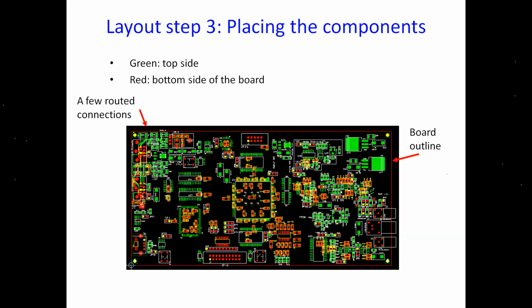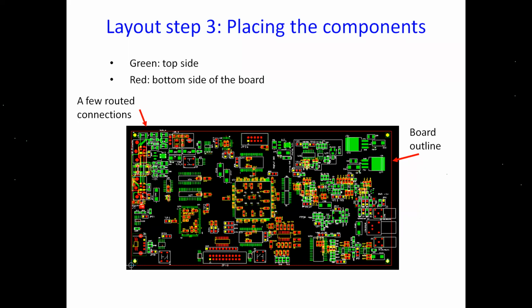For this, we have many criteria: digital components and analog components should be separated from each other, and the RF components should not be close to the high frequency, high speed packages. Similarly, the LEDs and other connector parts should be easily accessible, so we have to place those components in very close proximity to the board outline.